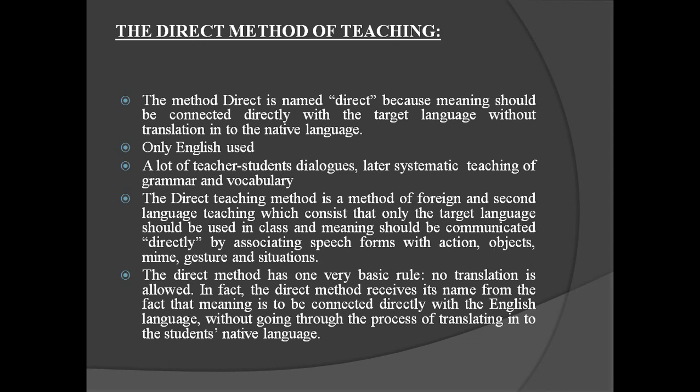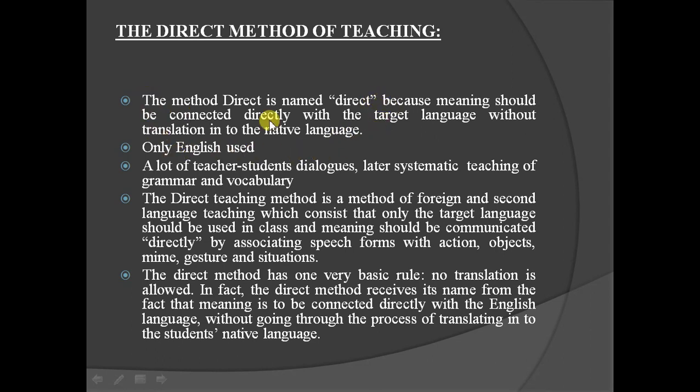The direct method is named direct because meaning should be connected directly with the target language without translation into the native language. If we are to learn a target language, we should use that very language without translation, the way we do in the grammar translation method.